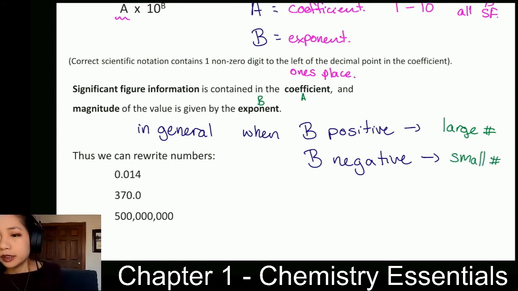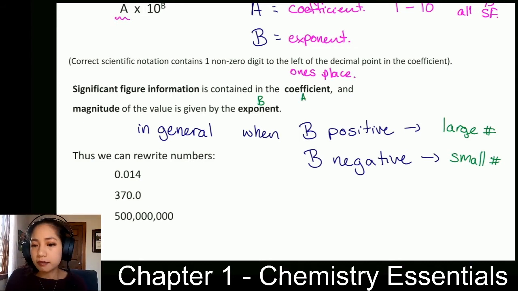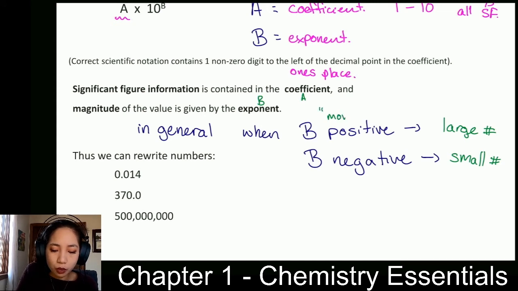All right. So you might have looked at scientific notation in high school or something, and saw that when you have a positive b exponent, you move your decimal place from your a coefficient to the right to make the number bigger, your a value bigger.